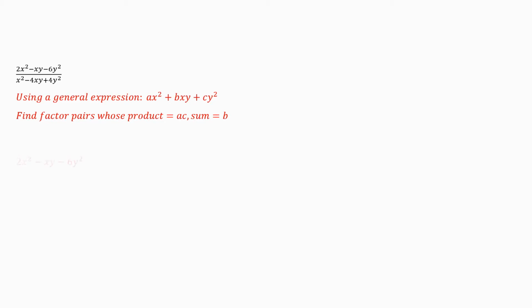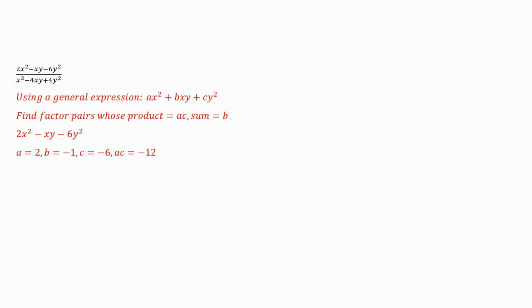So starting with the numerator, we have 2x squared minus xy minus 6y squared. The a is 2, b is -1, c is -6, and ac, the product of a and c, is equal to -12.